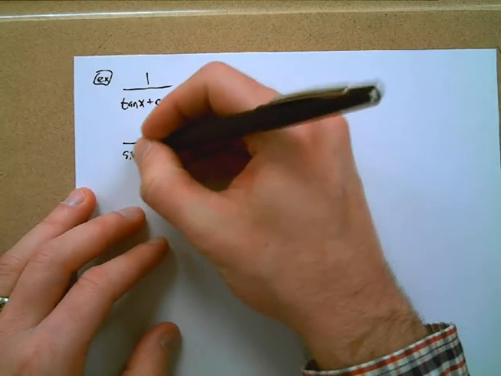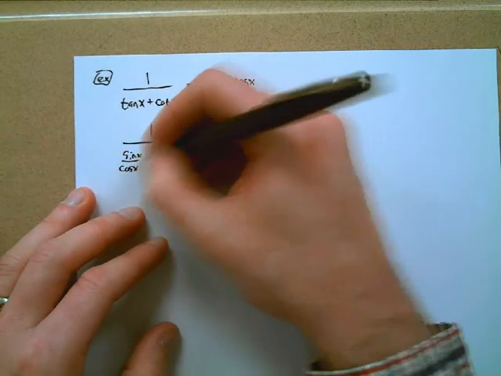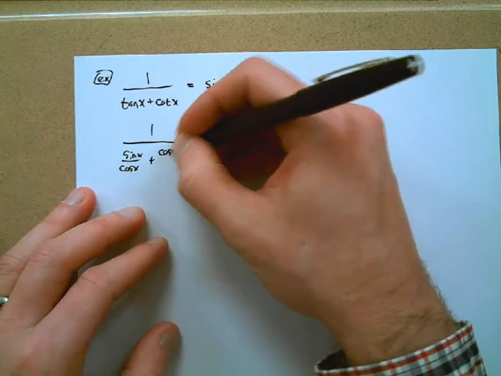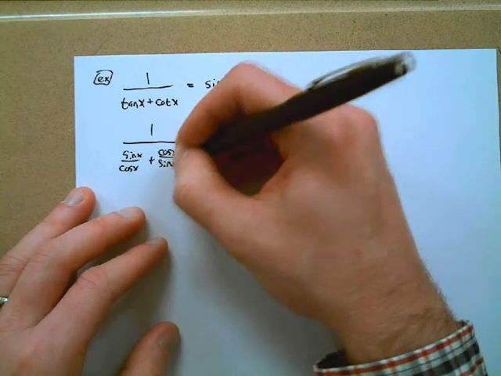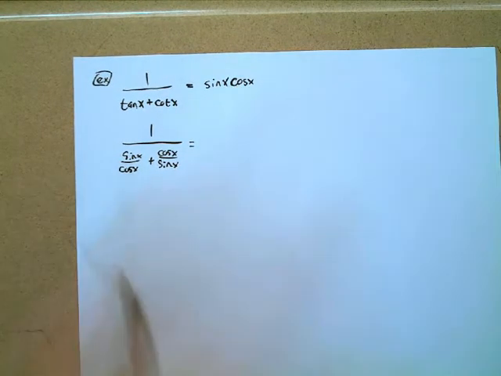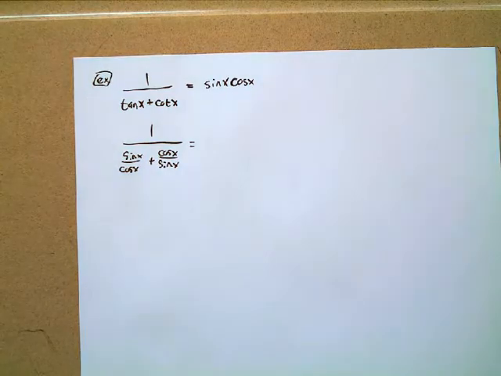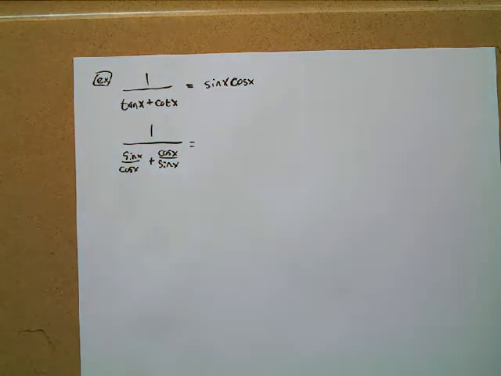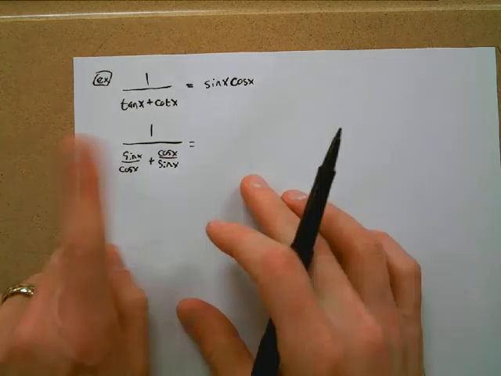Now you might be thinking to yourself, that does not look better, that looks worse, right? That doesn't really help. But we do want to add these two fractions together. To add the two fractions together, we need to get a common denominator. So what's this fraction missing in its denominator? A sine. So we'll multiply by sine x over sine x here.